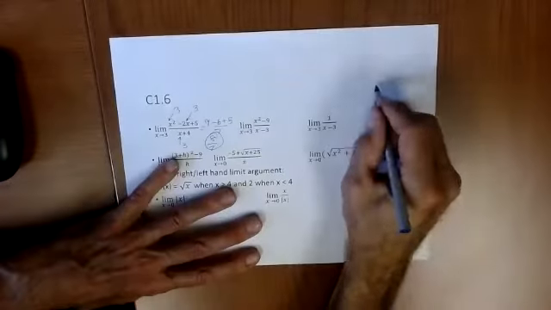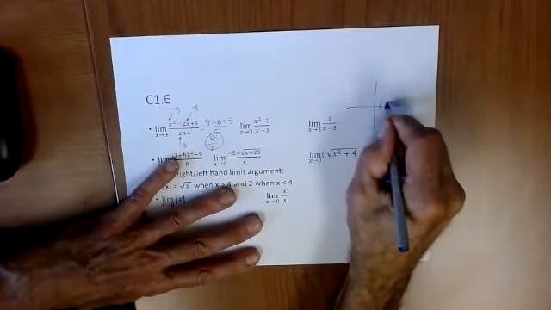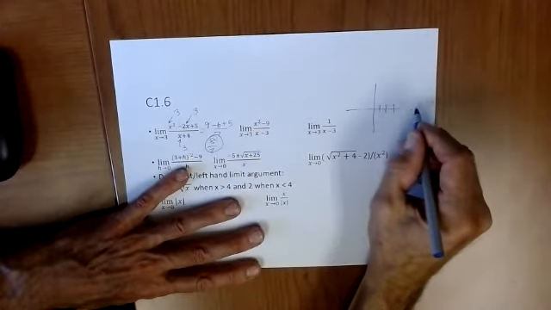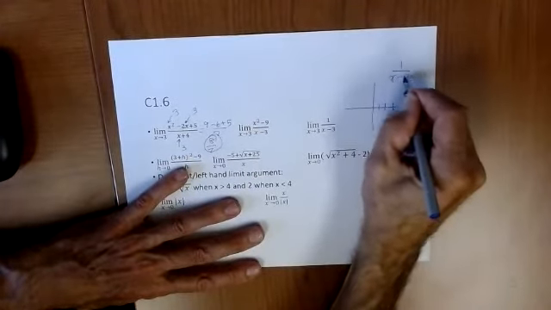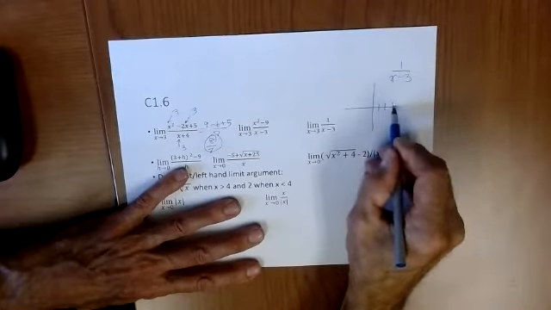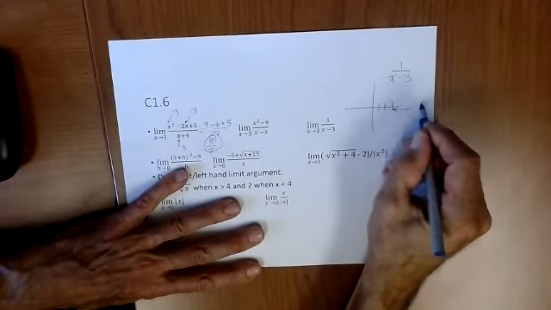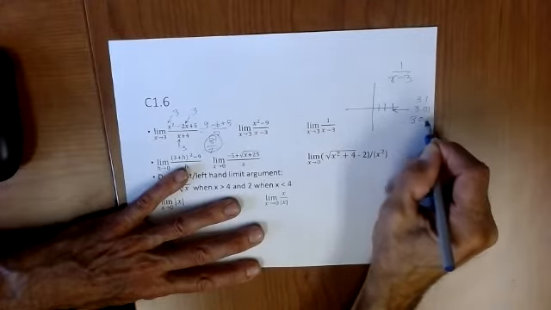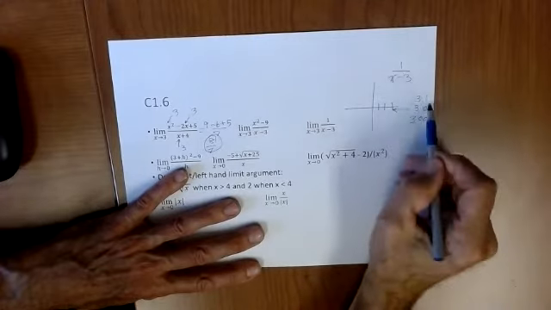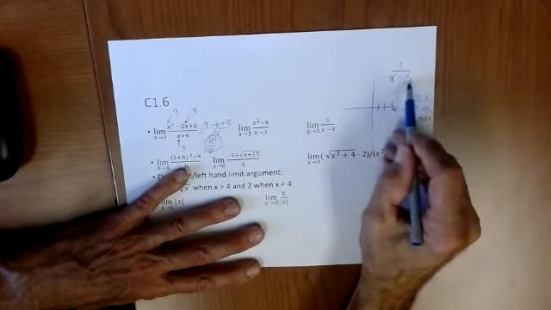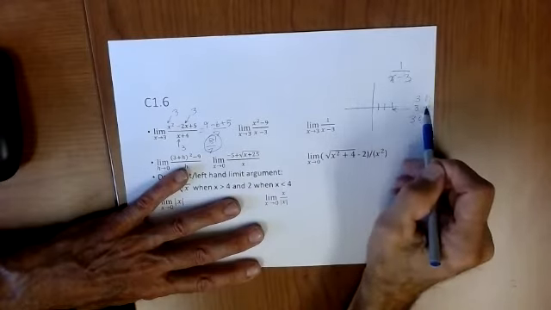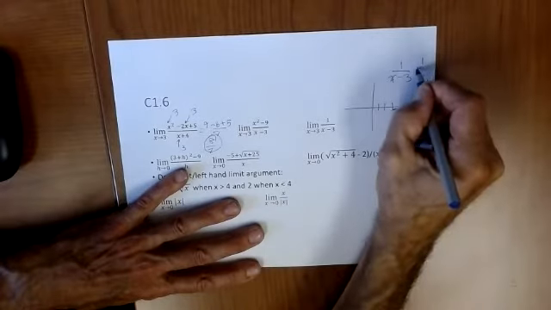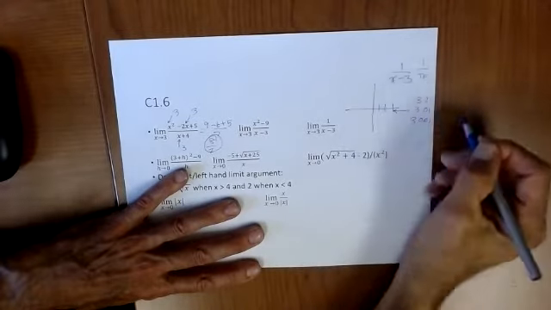So what we're going to have to do, let's see what happens on either side of 3. If you have 1 over x minus 3, and if you stick in numbers that are approaching 3, like 3.1, 3.01, 3.001, you're going to be left with tinier and tinier fractions. So this becomes 1 over a tiny fraction.